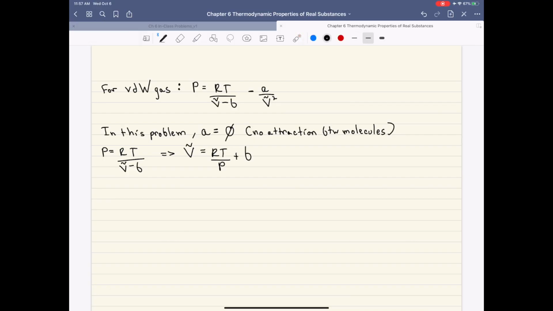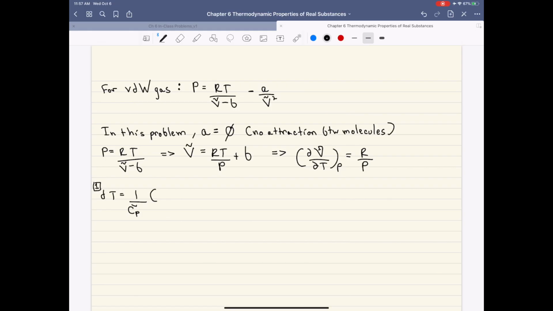So if V is equal to that, and we take the partial derivative of V with respect to T at constant pressure, it's just equal to R over P. Now that we have that partial derivative, we can go back to our total derivative for temperature and plug in.